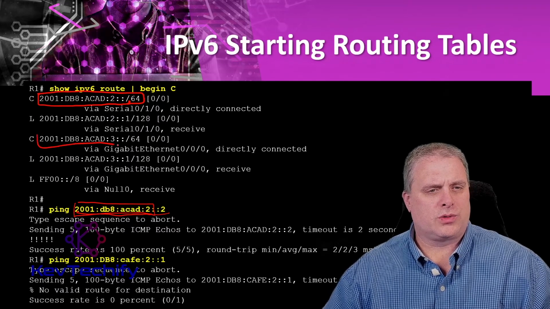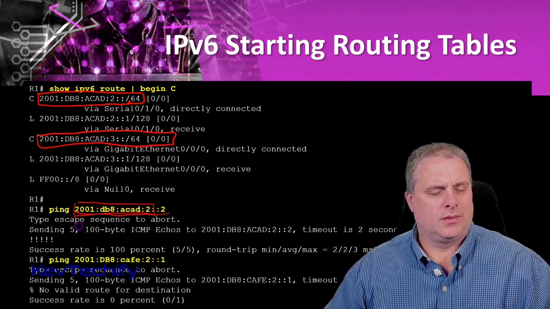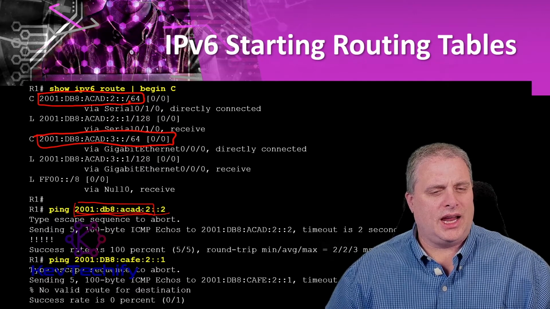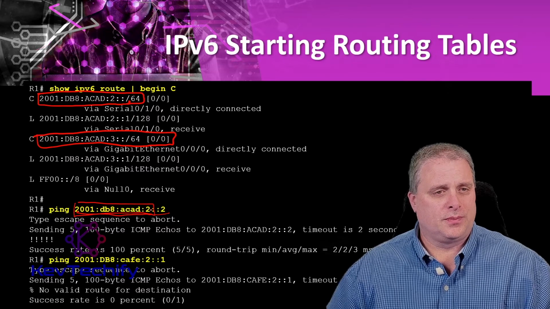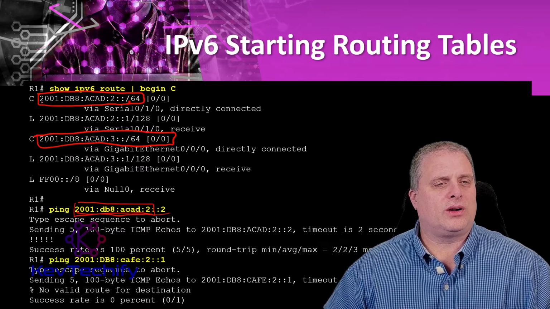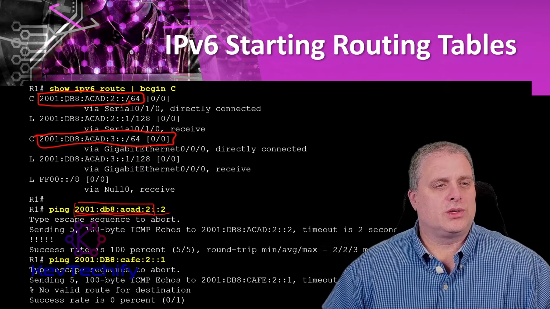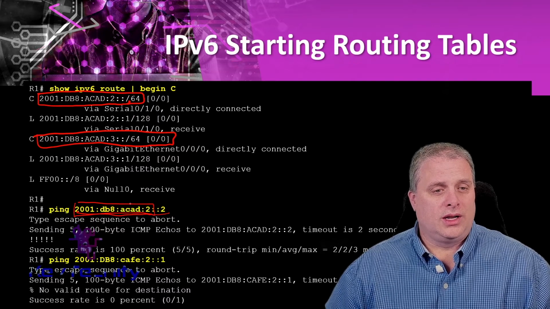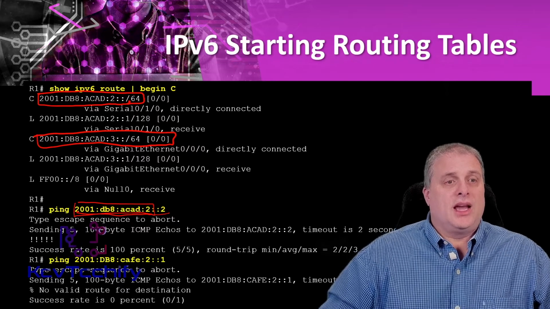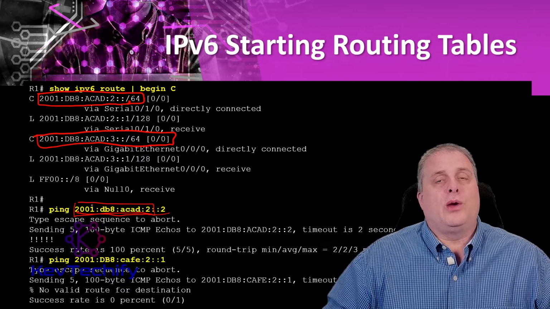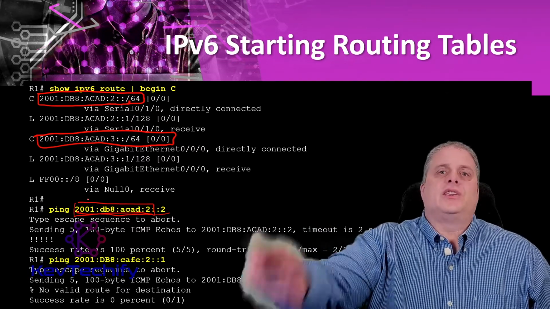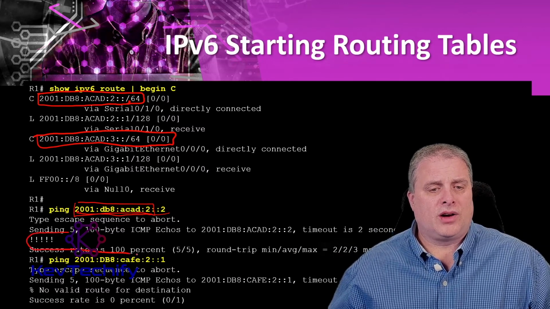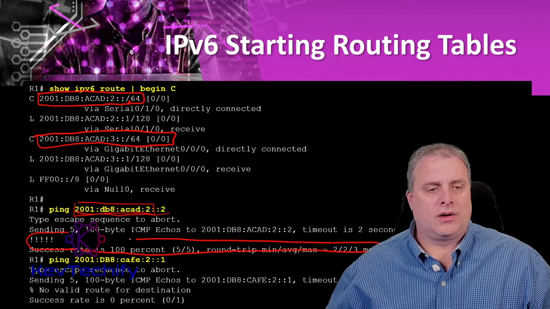We have 2 directly connected networks. Our first ping here, 2001:DB8:ACAD:2. We look and say, do we know how to get to that network? 2001:DB8:ACAD:2. Yep, we matched the first 64 bits. Yes, we can do that. And so they route it to the destination. The destination sends back the reply, and we get a success rate of 100% right there.